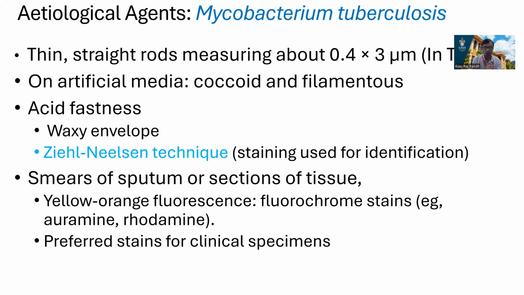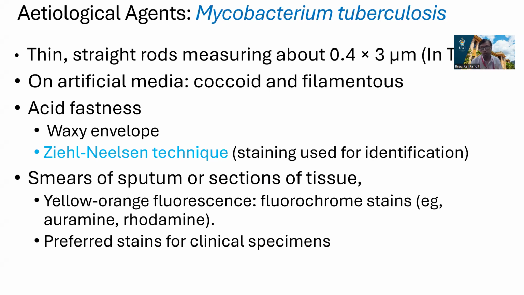It is a thin, straight rod measuring about 0.4 to 3 micrometers in tissues. On artificial culture media, when we inoculate and incubate, it appears in coccoid and filamentous forms. It is acid-fast in nature due to the waxy envelope, that is, the waxy cell wall.